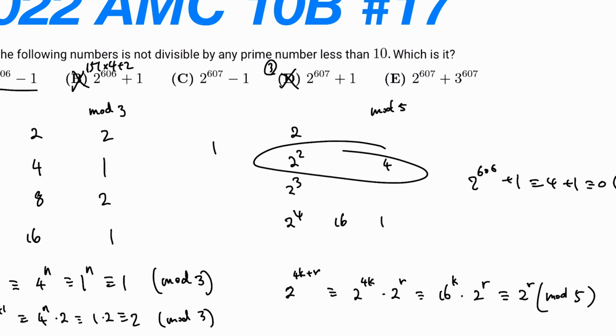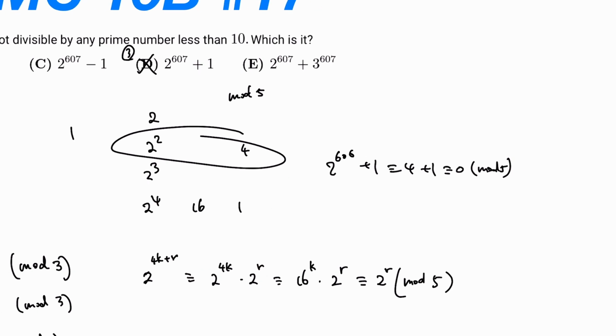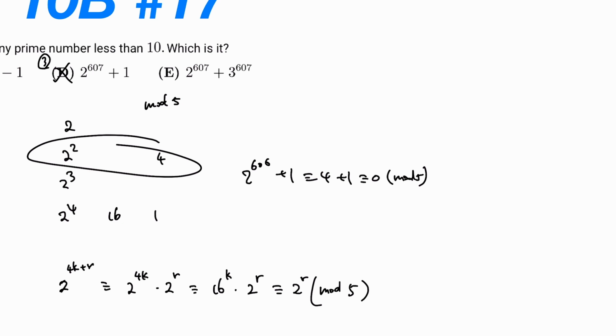Now C and E. E might be a bit simpler to tackle, just because we have both 2 and the 3 over here. So maybe we think, 2 definitely is not divisible by 2. It definitely probably is not divisible by 3. So how can we, 2 plus 3, let's try 5. 2 to the 607 plus 3 to the 607, we want to take that mod 5.